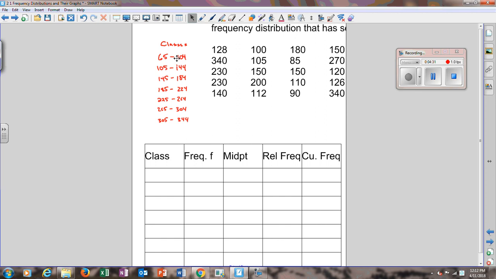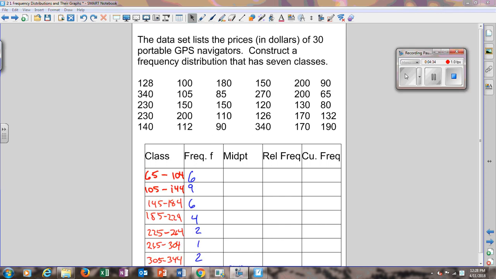All right, I'm just going to copy these in. Okay, so I finally got all this information copied over from the last table we had.